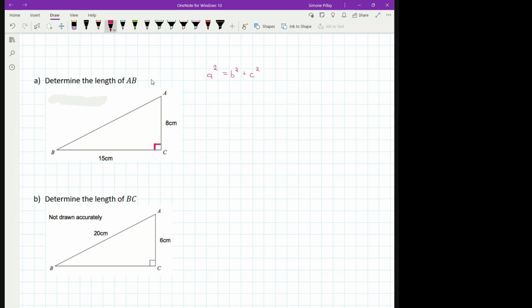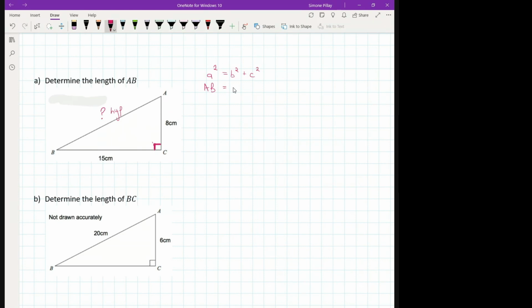So when we say opposite, you're almost going to act like this little corner over here is looking up into the sky, and this line over here is what's opposite. Do you see this line? So this is my side that's unknown, but it is also my hypotenuse. You with me? So when I'm substituting, I'm going to substitute in just AB because I don't know the length of that line yet.